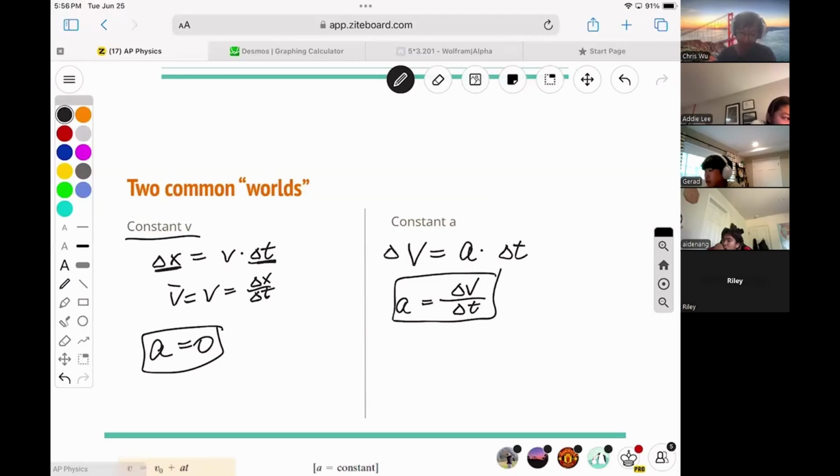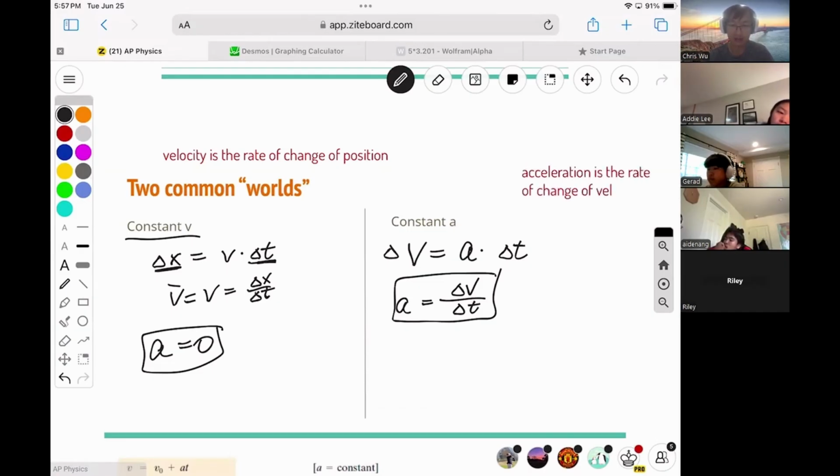In other words, if velocity is the rate of change of position, acceleration is the rate of change of velocity.